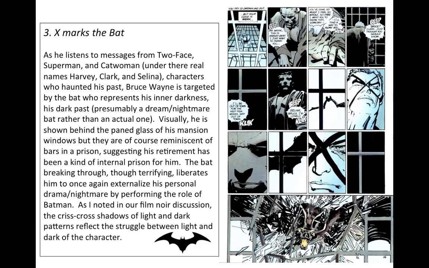So the classic example being a Venetian blind and the shadow that it casts, right? That will cast dark and light bars on a character. So to sort of suggest that duality of light and dark within a character. And here it's shown with the window panes.